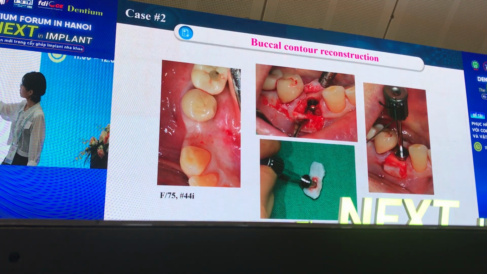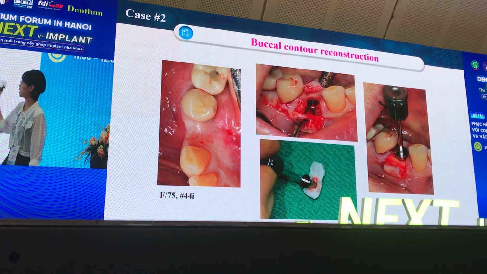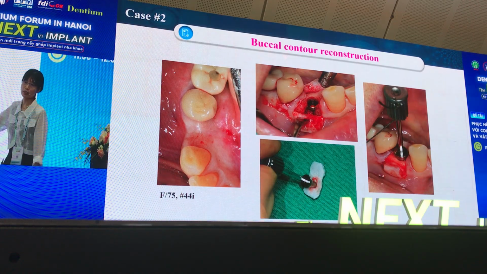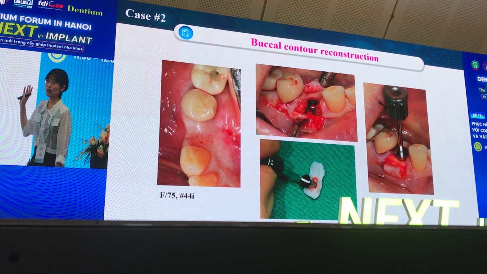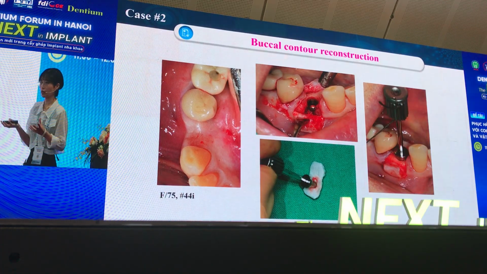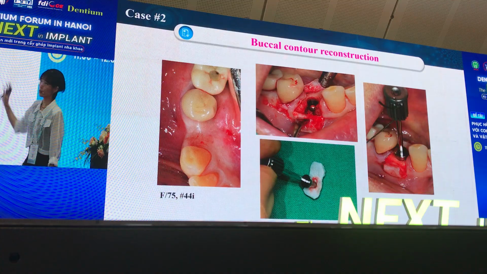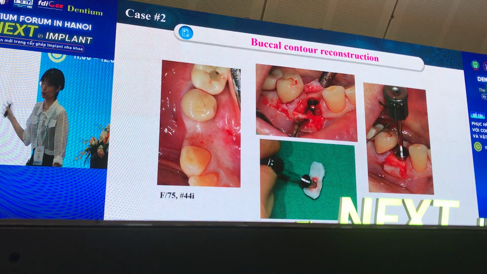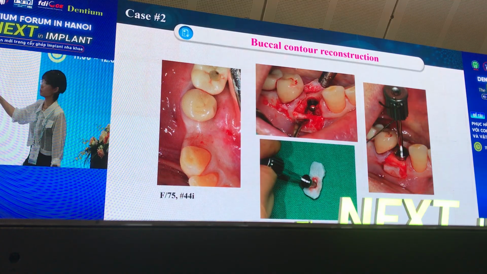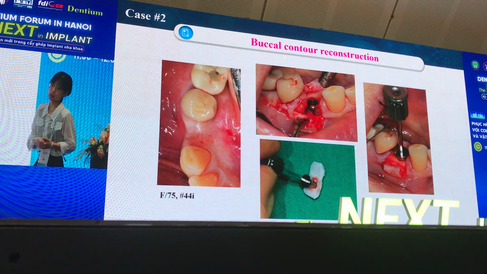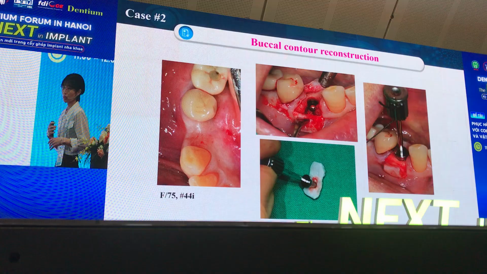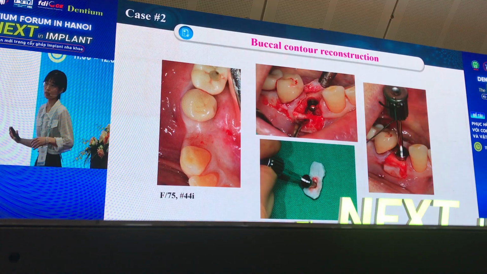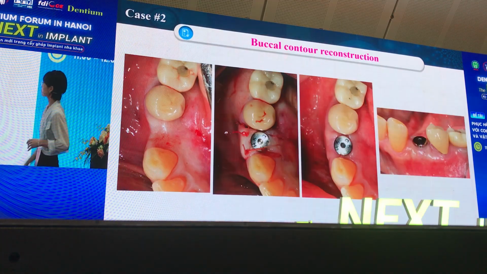After the fixture implant, you can see the buccal dehiscence like that. In that case, I just cover the buccal dehiscence with Collagen Graft 2 applied to the healing abutment like that, because I just need the buccal contour reconstruction here.